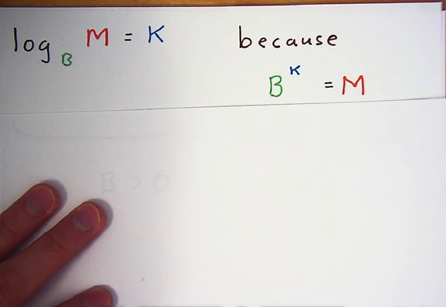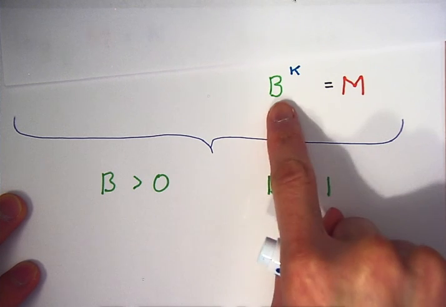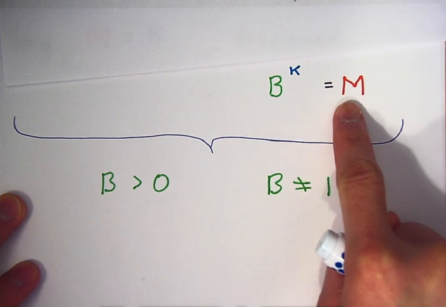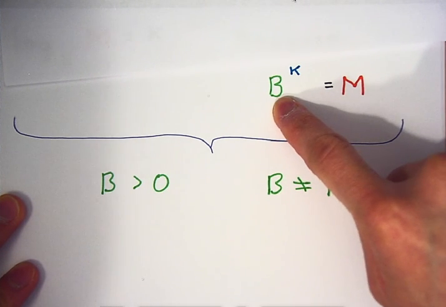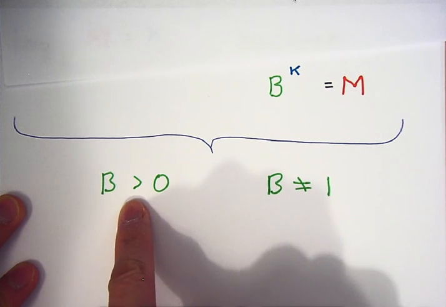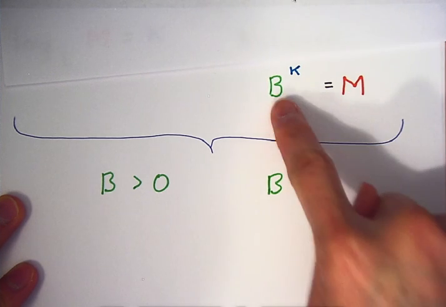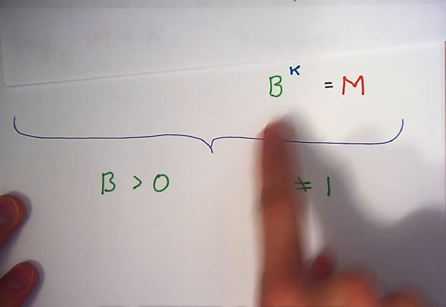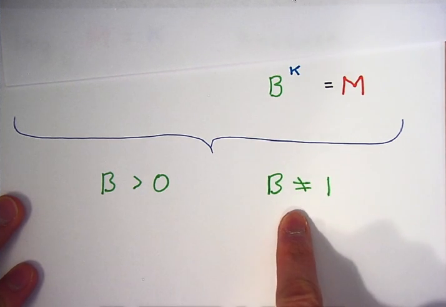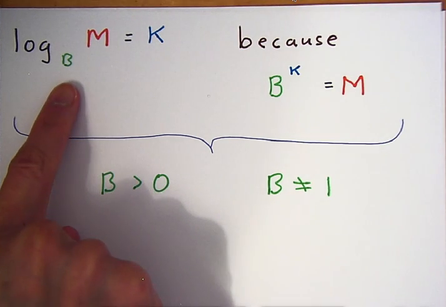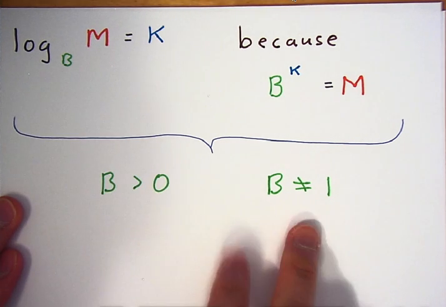If you're looking at this exponential function, one thing we know is that your base for an exponential has to be positive and cannot equal 1. That's just a restriction on exponentials. So because your base has to be positive and cannot equal 1, therefore in the logarithm, log base b of m equal k, your b right here also cannot be 1 and has to be positive.